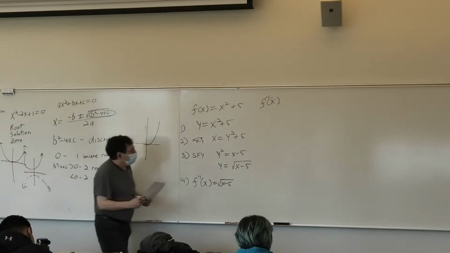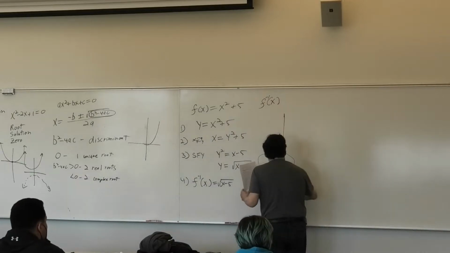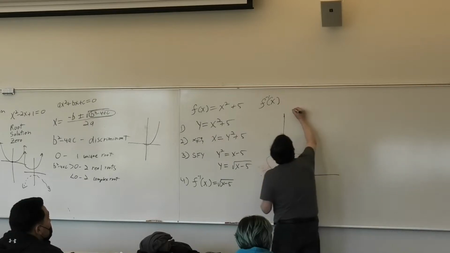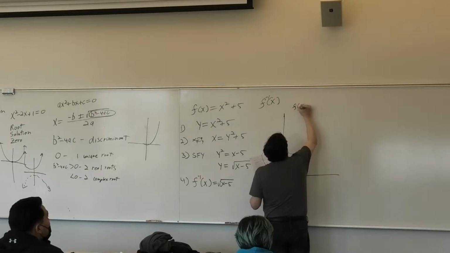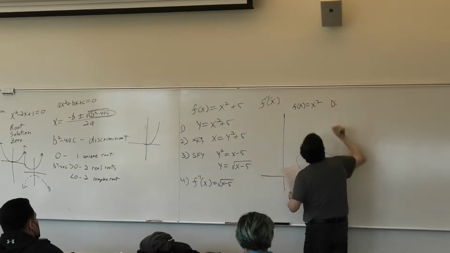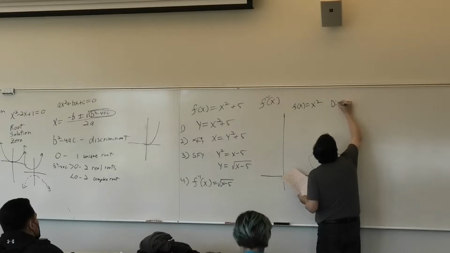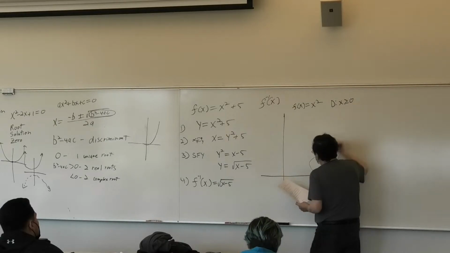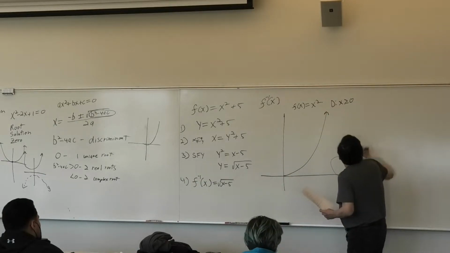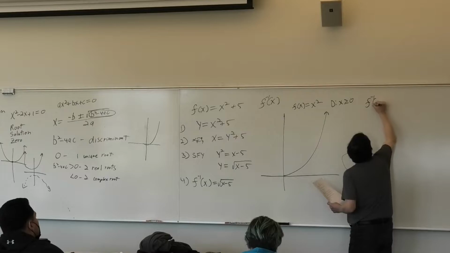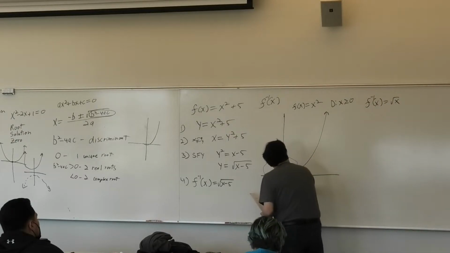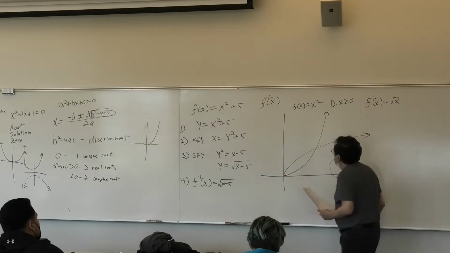Now, one other thing you should know about inverse functions has to do with their graphs. If I have a function f of x equals x squared, and again, I'm going to specify the domain as x greater than or equal to 0, it's a parabola that looks like this. The inverse mapping of the function is going to be the square root of x, which is going to look like this.